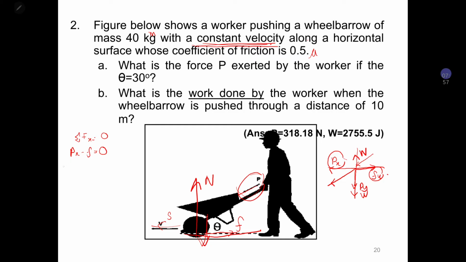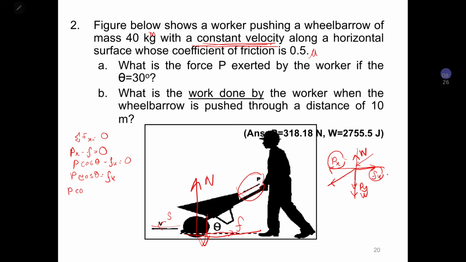Okay, so PX adalah sama dengan P cos theta minus FK sama dengan 0. Ataupun dekat sini, arah sini kan. Okay, betul. Okay, so P cos theta sama dengan FK.